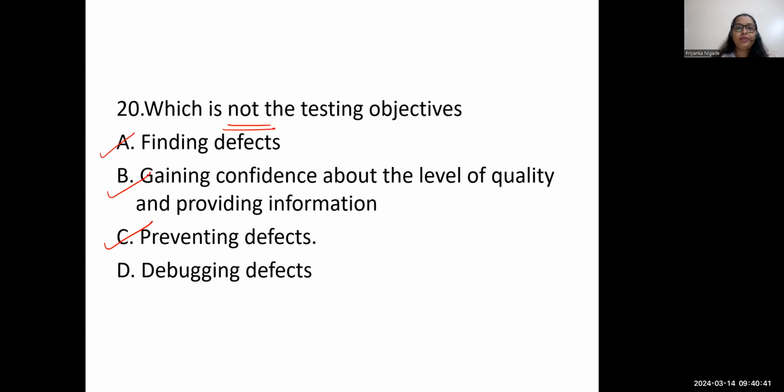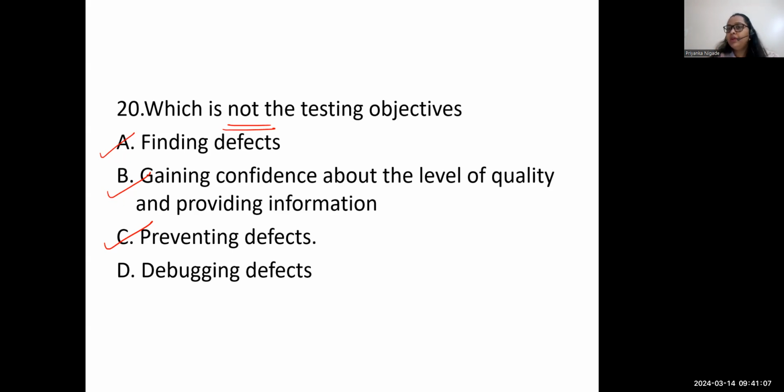Start testing early. When you start testing early, automatically you are preventing defects and avoiding defect multiplication. Because of one defect, you might get a number of defects in another module, and that you are able to avoid. That is called prevention: take the necessary action before the issue or problem occurs.